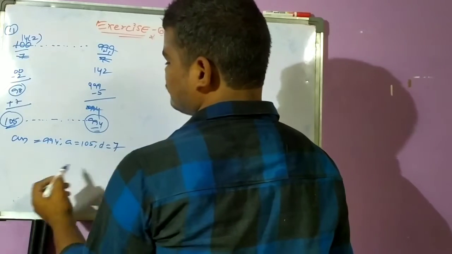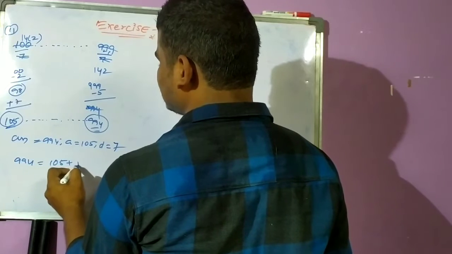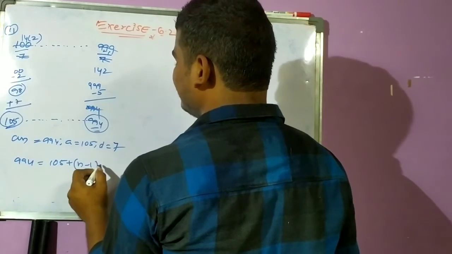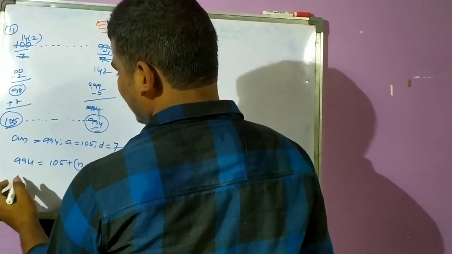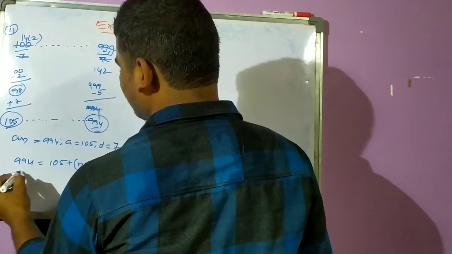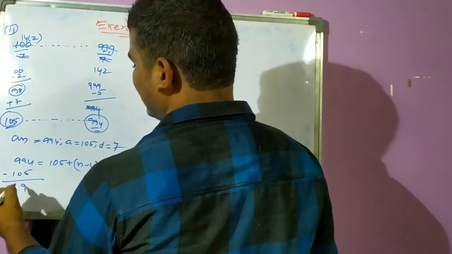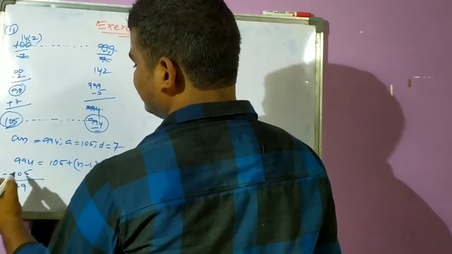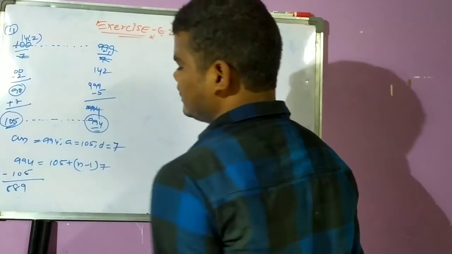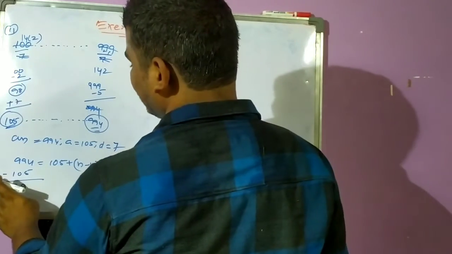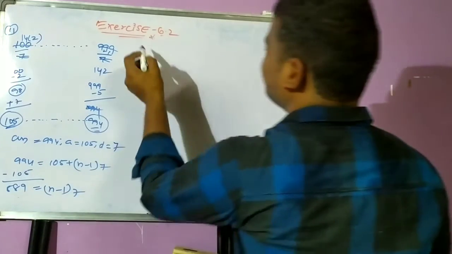a plus (n minus 1) into d. That means 994 equals 105 plus (n minus 1) into d, where the d value is 7. Coming to this side, 994 minus 105 is 889 minus (n minus 1) into 7.